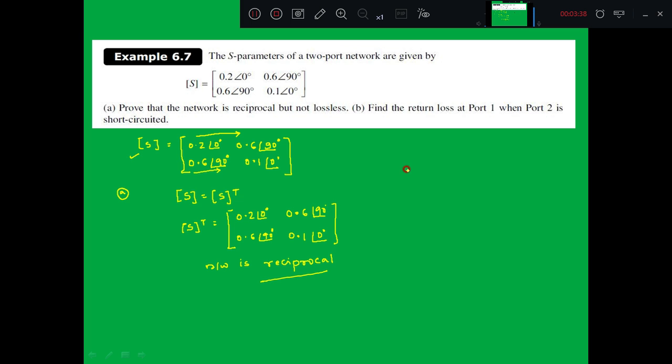The first one is the summation from i equal to 1 to n of the magnitude of S in squared is equal to 1, where n is the number of ports. How many ports are there? 2 ports are there, so the summation runs from 1 to 2.